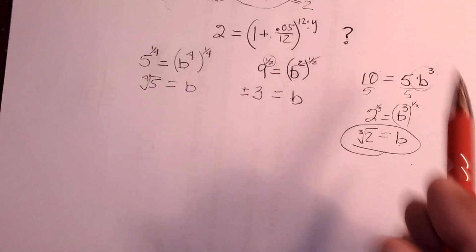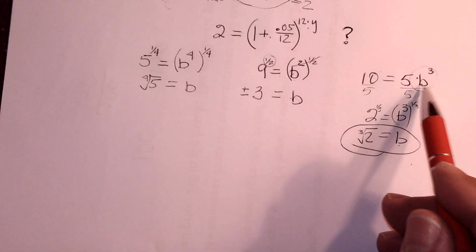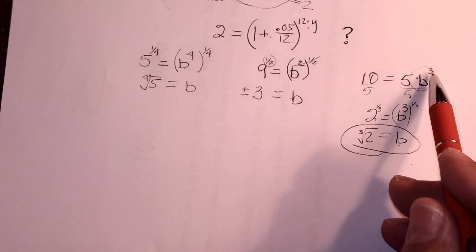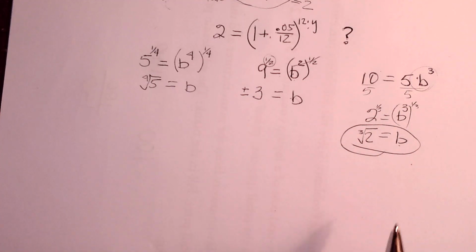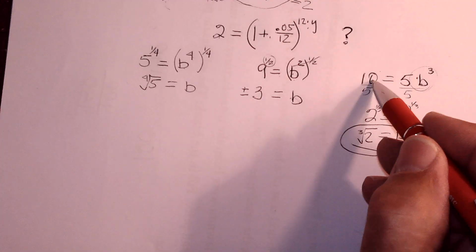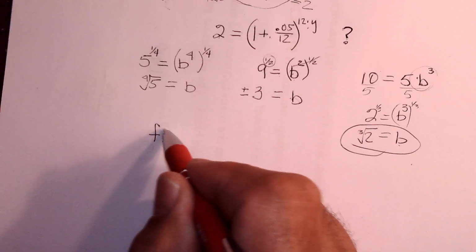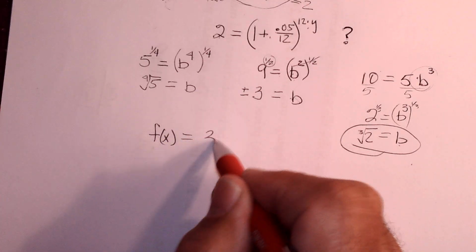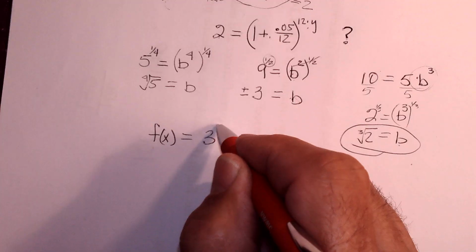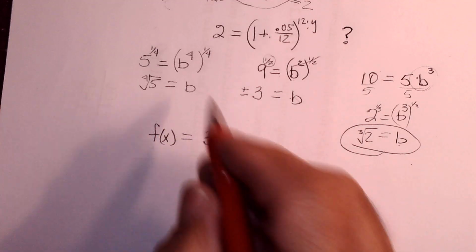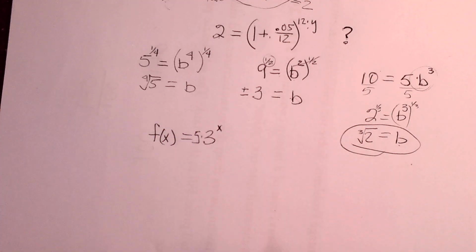So I can solve for the base of the power. What about an equation where I'm trying to solve for the other side? Like f of x equals 5 times 3 to the x, let's say that.